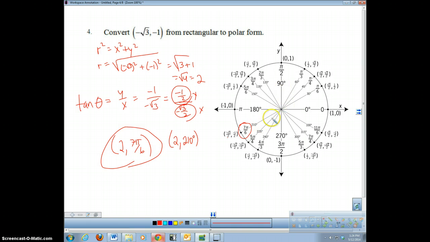It would also be okay if you wrote it as negative 2 comma pi over 6, because your point is going to be down here, which means you could have gone this direction and then gone back 2 units. Okay, so that's rectangular to polar.